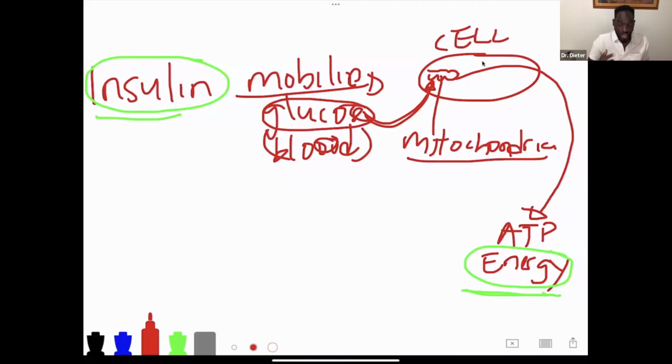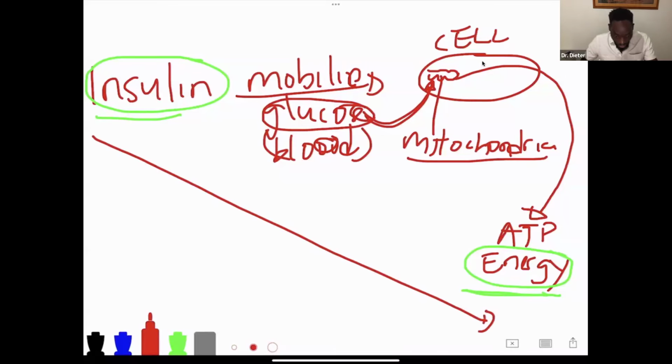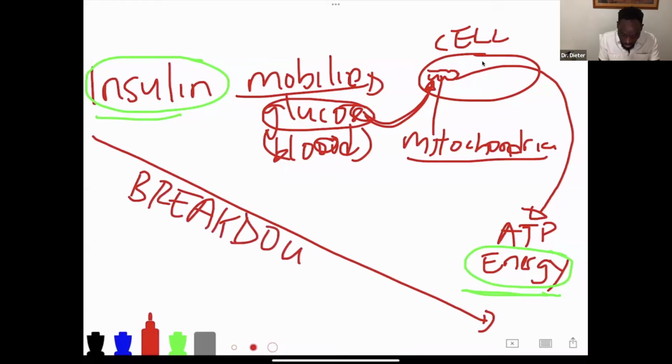Now, when we say that you have insulin resistance, it means that there is a breakdown in this process, the process of insulin mobilizing glucose out of the blood into the cell for energy to be made. Anywhere where this doesn't happen, we say you have insulin resistance. And the question to now ask is, how do you develop insulin resistance?